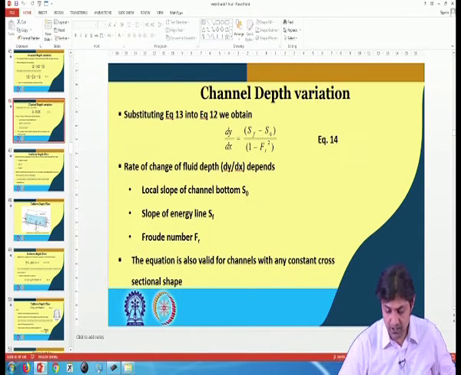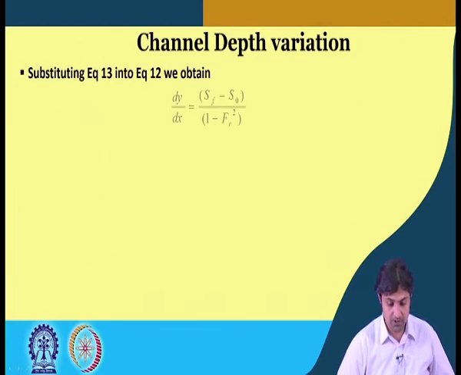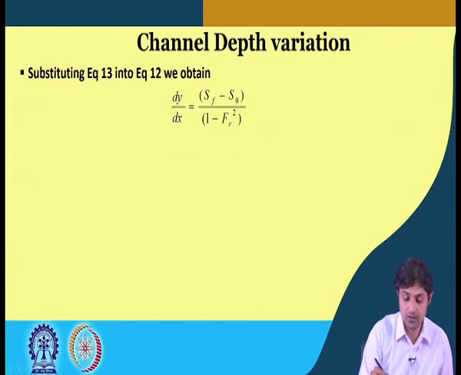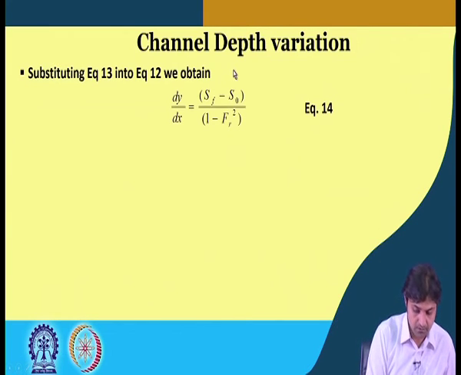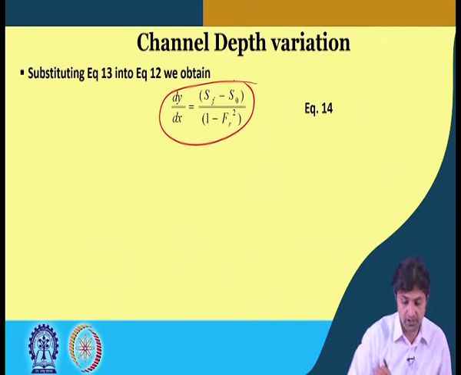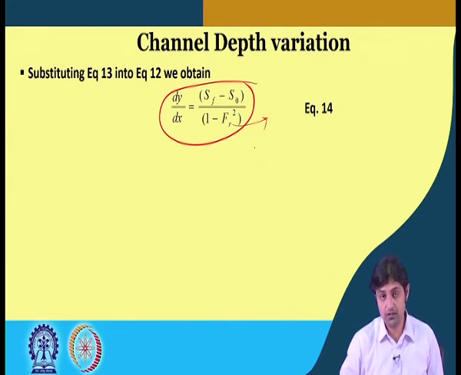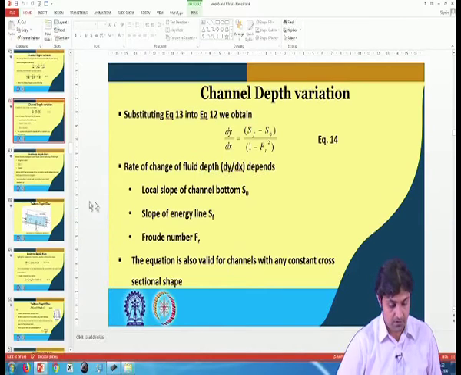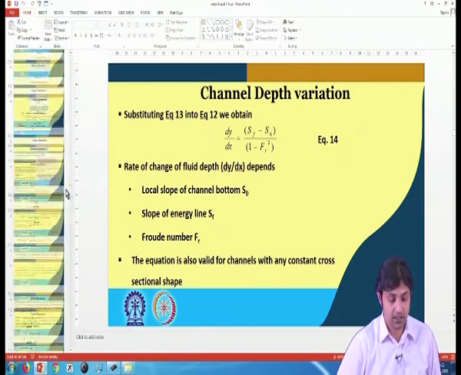See, we have obtained a similar equation here, you remember. It is of the same form, just that we will later see in gradually varied flow, this is actually Froude number squared. The way of derivation was different. So, we go back.